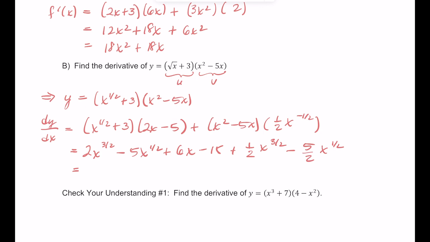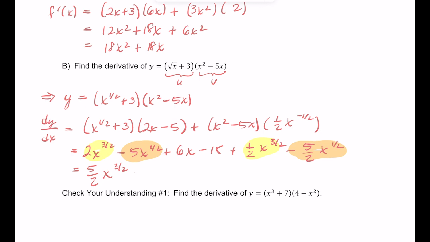Okay, and now I'm going to go through and see if there's anything I can combine, which I can. I can combine the 2x to the 3/2 plus the 1/2 x to the 3/2. So that's 2.5 or 5/2 x to the 3/2 power. And then I see negative 5x to the 1/2 minus 5/2 x to the 1/2.